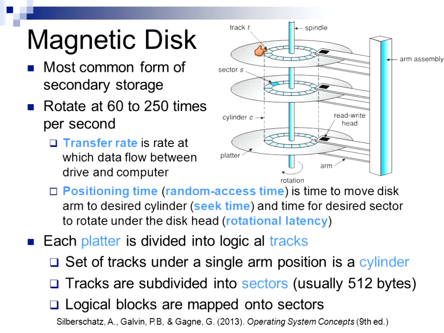So if this was track 0, and this was track 0, and this was track 0, no matter how many platters you had, all the track 0s would be a cylinder. Because the arms are fixed, they all move in and out at the same time. And so when it moves to track 0 on one of the platters, it moves to track 0 on all of the platters. And so that's really called cylinder 0, because it's all those tracks all the way down on your hard drive.